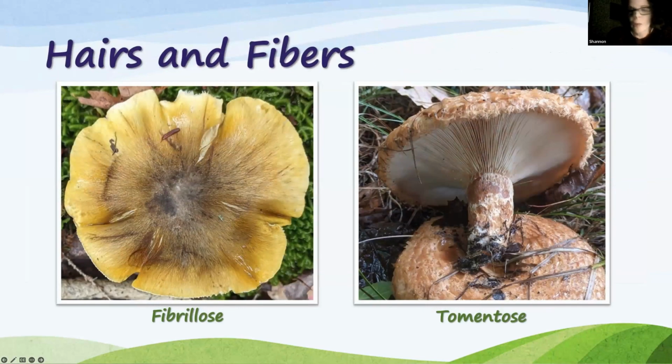Another struggle that my students had was really understanding what the heck you mean by a hairy cap? Because when you look at these two examples, both are hairy. They're different types of hairy. The image on the left-hand side has these dark hair-like or thread-like fibers that are kind of pressed or slicked down on the surface of the cap.